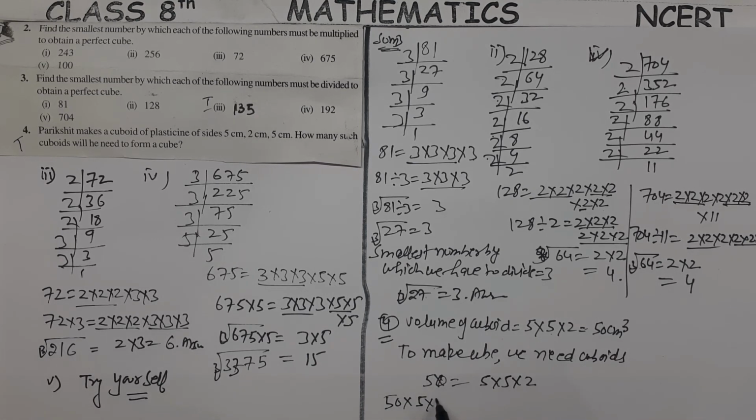Multiply both sides: 2 times 2 multiplied on both sides. 5 times 10, 10 times 20.